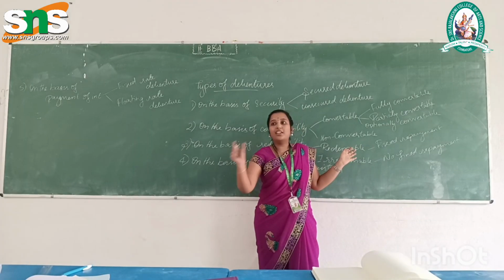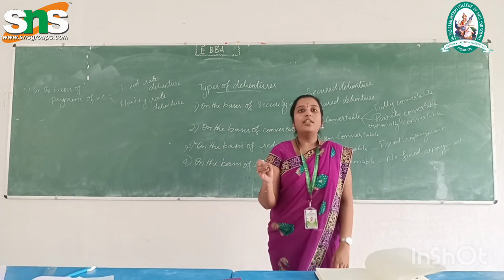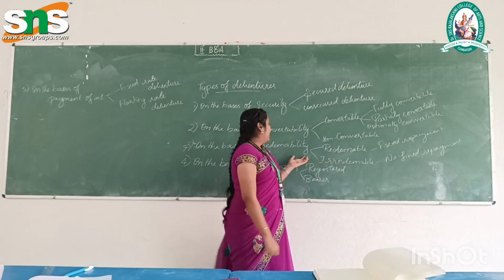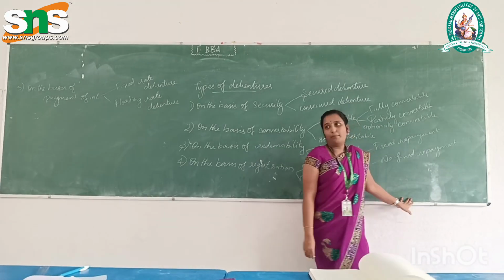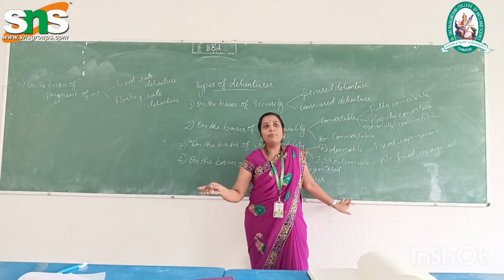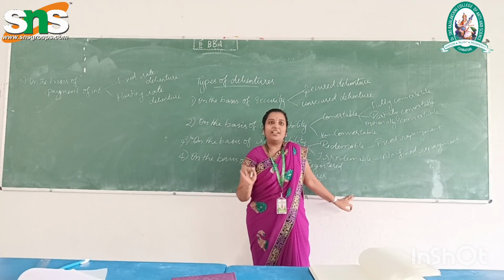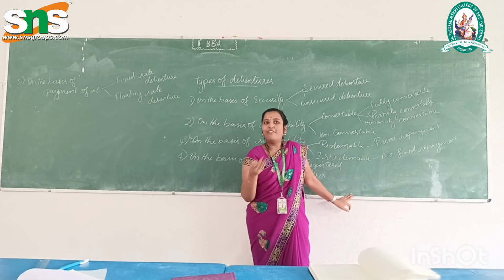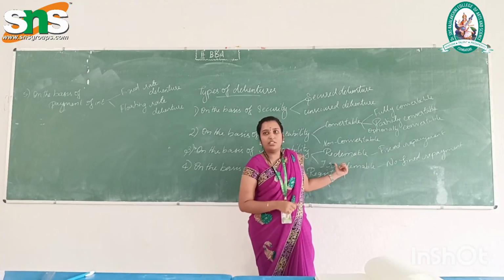Within a fixed repayment period, that is within 1 year or within 2 years, I will repay my debenture. Whereas irredeemable means there is no fixed repayment. Only when my company gets shut down or wound up, I will repay my debenture. There is no other fixed rate. If I am interested, if I have cash, I will give it to you. If I don't have cash, only when I am winding up, I will give it to you. So this is the rule.